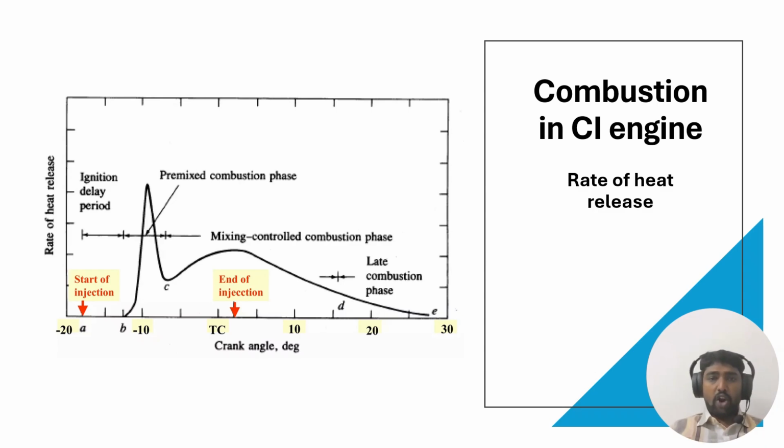Following this spike, the curve transitions into a broad trend. This is the mixing-controlled or diffusion combustion phase. Here the burning rate, and thus the heat release rate, is controlled by how fast the fuel vapor mixes with air, which directly tells us the engine load and power output.